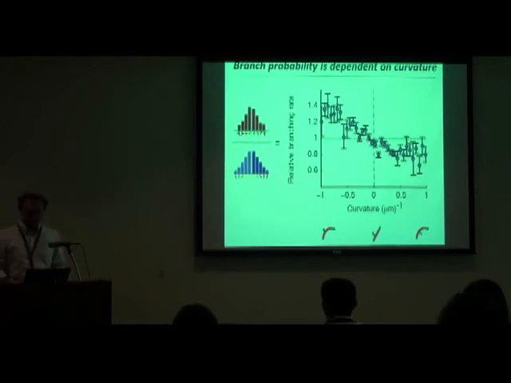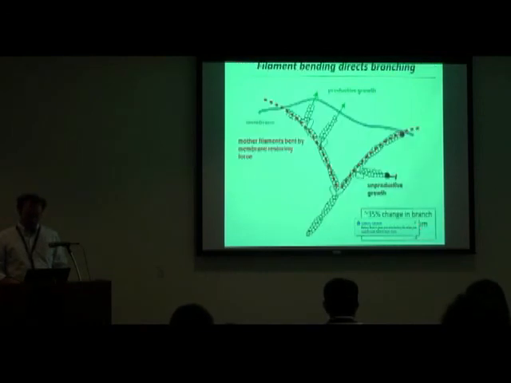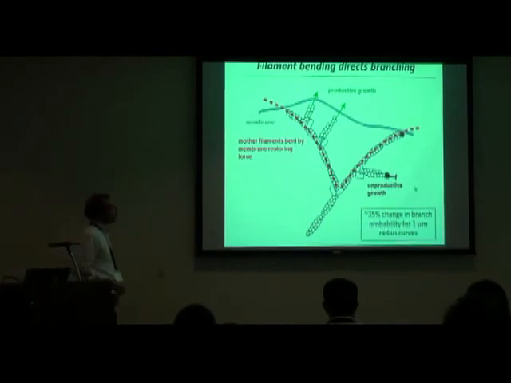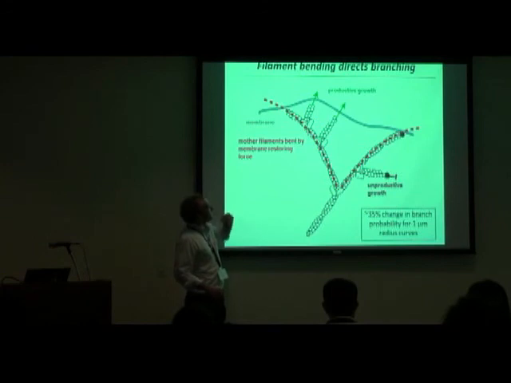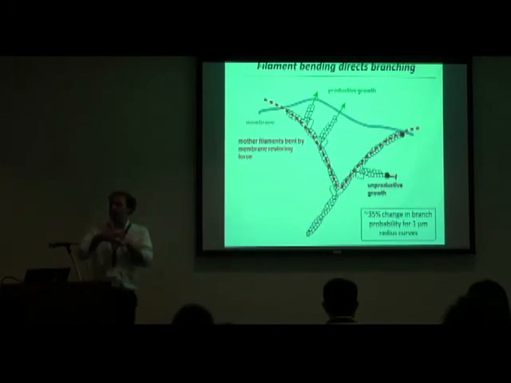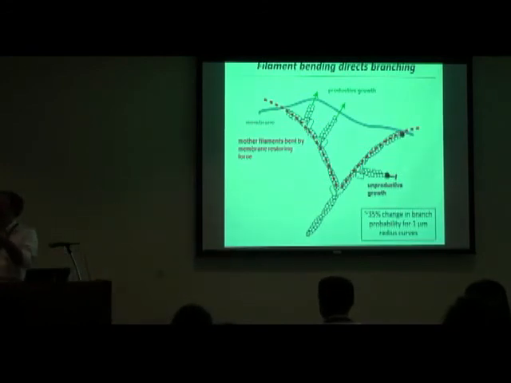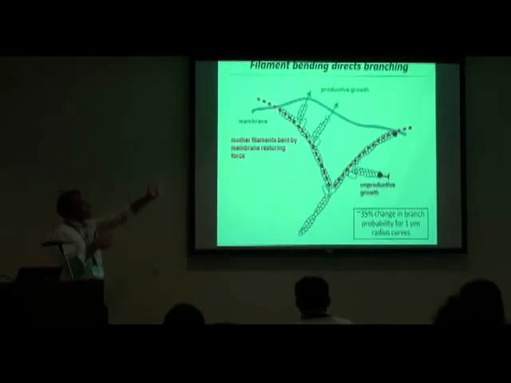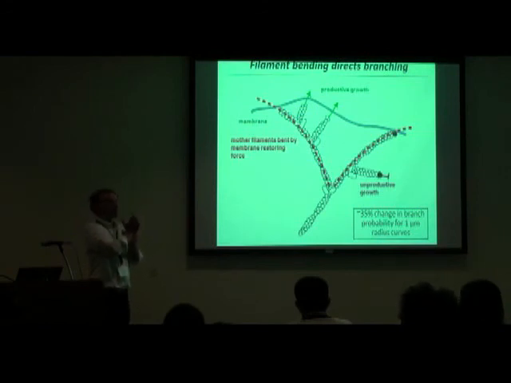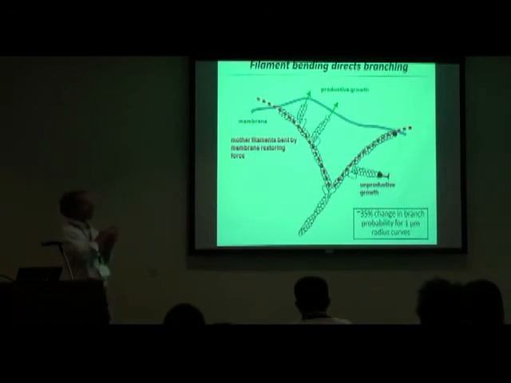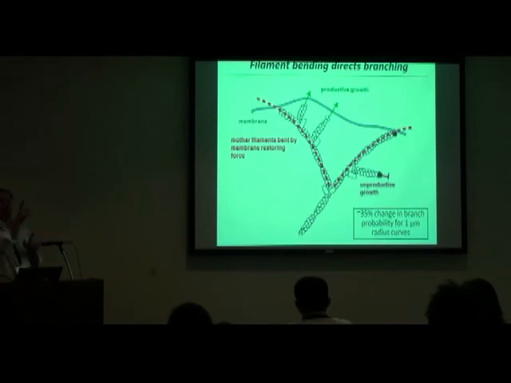Okay, so I think I've got to finish up here. So here's the model for what we think is going on. As the filaments are being deflected by a surface, whether it's a cell that's crawling into a surface or a cantilever surface, filament bending is actually coupled to the branching process, and that coupling leads it to generate more branches in the direction of the load.